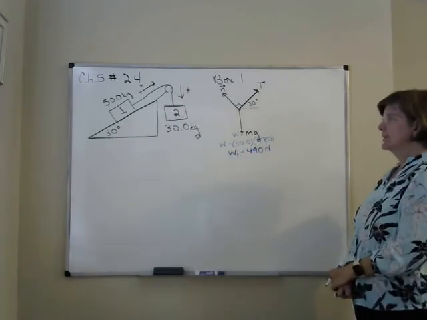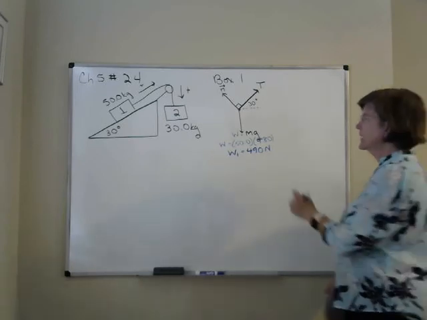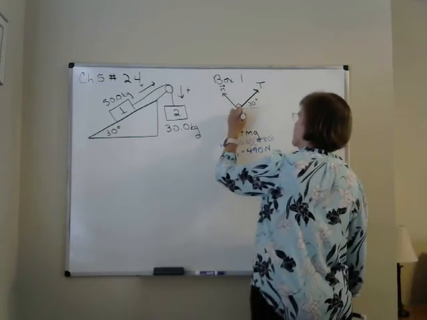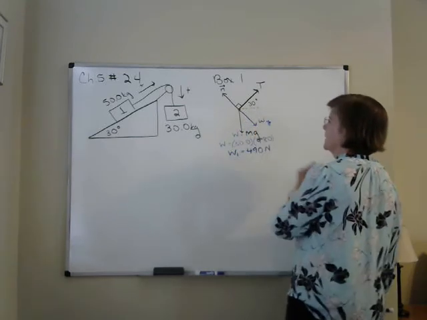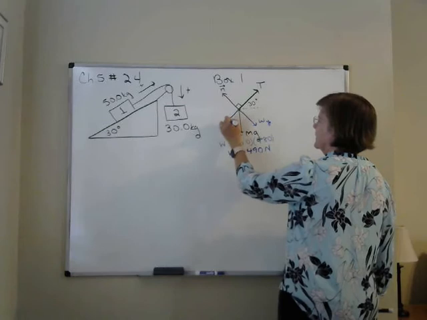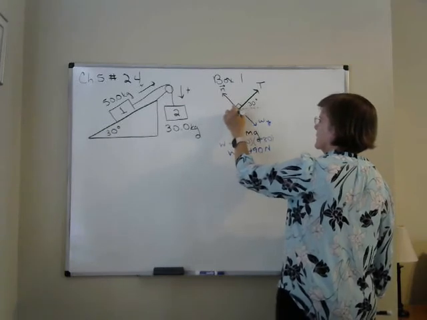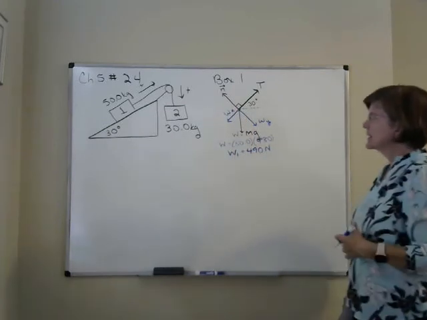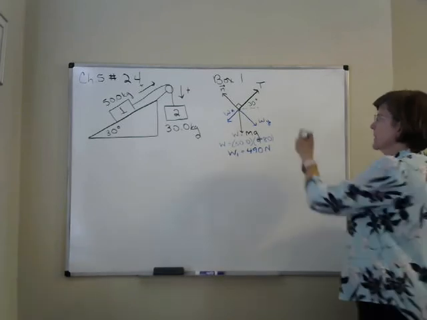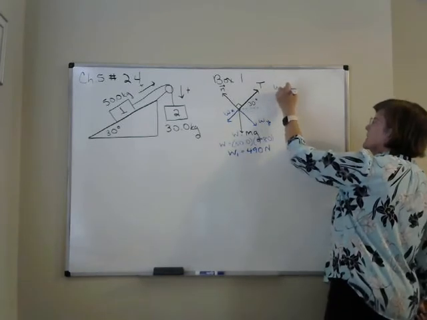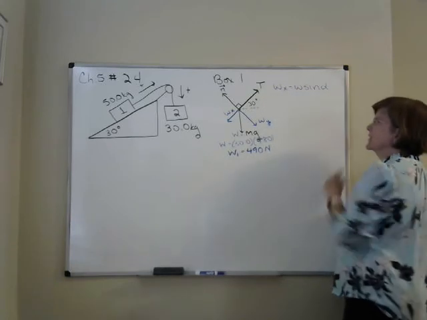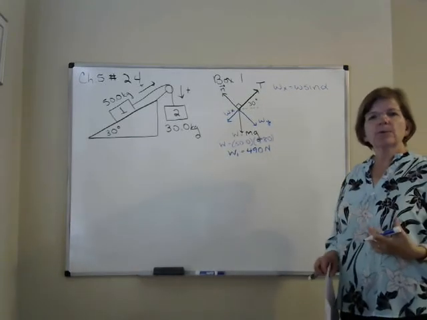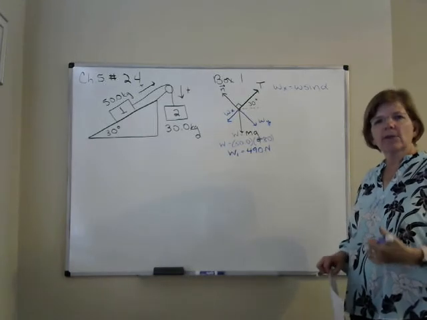But what I want to do is take that and see how much of that is going to be Wy, and how much of that's going to be Wx. In other words, I want to replace that weight by its components. Wx is W sine alpha. The good news is we know the rules for weight on an inclined plane now, so I don't have to redo it.